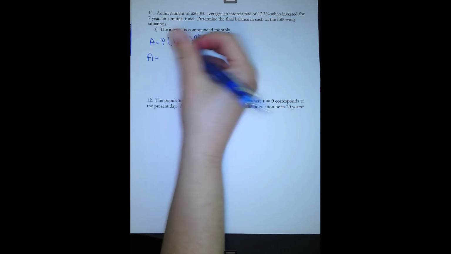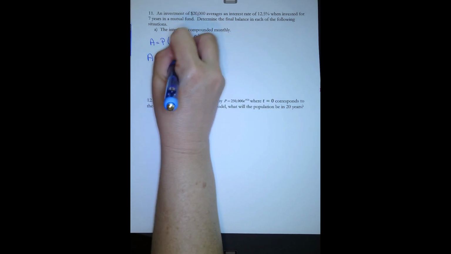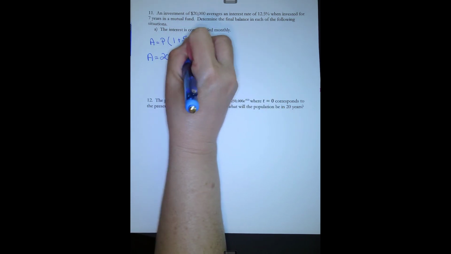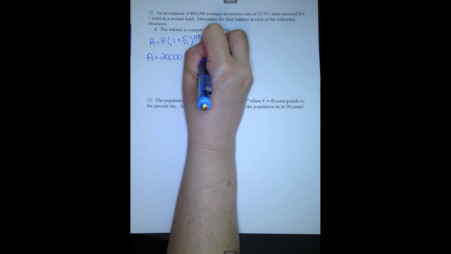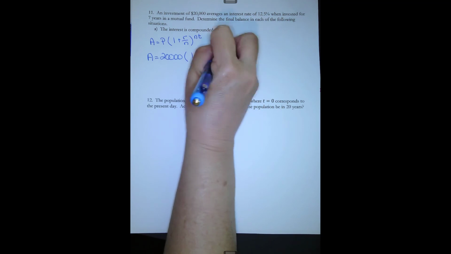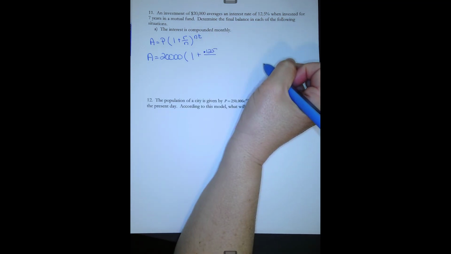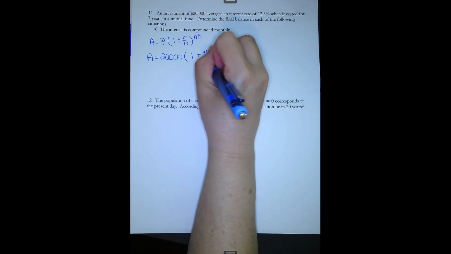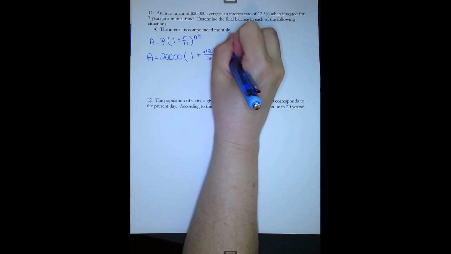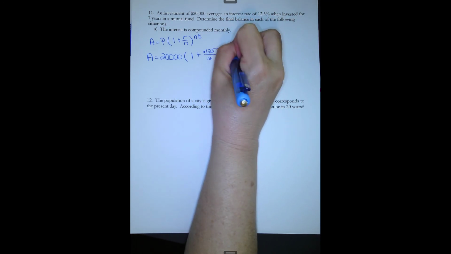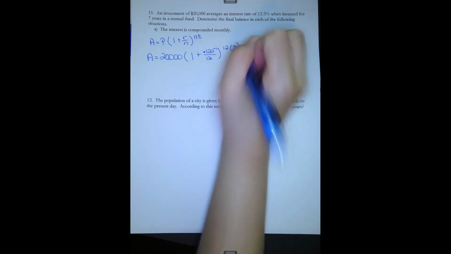If our starting amount is $20,000, 1 plus our interest rate, in this case 0.125, then divided by 12, raised to the 12 times, in this case, 7.